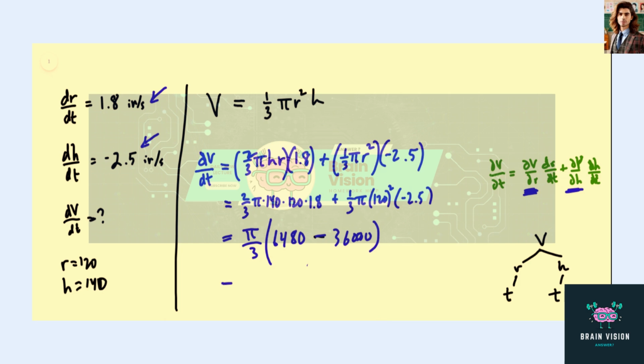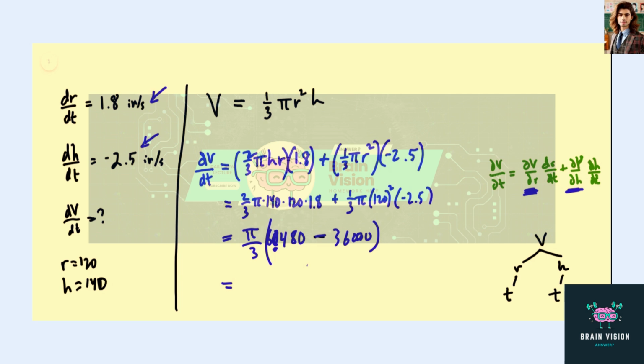And if we do that, we get minus 24,480. Oh, sorry, there's a little error here. This should be 60,480 right there.